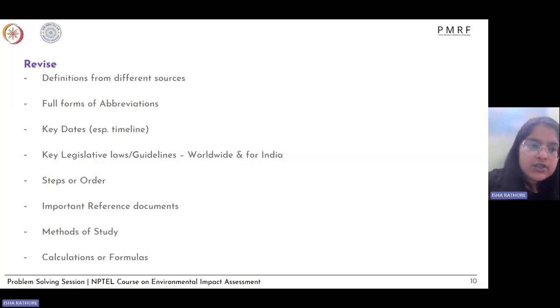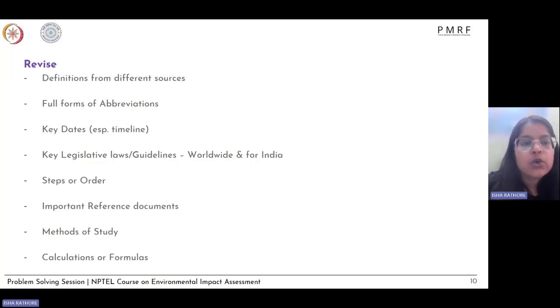Then another thing which you can revise is the key legislative laws and guidelines, again from week 3, because that was a very intensive week based on historical development and origin of EIA. So we looked at lots of legislative laws and guidelines, committees, conferences, events, workshops, and things like that, worldwide as well as in India.